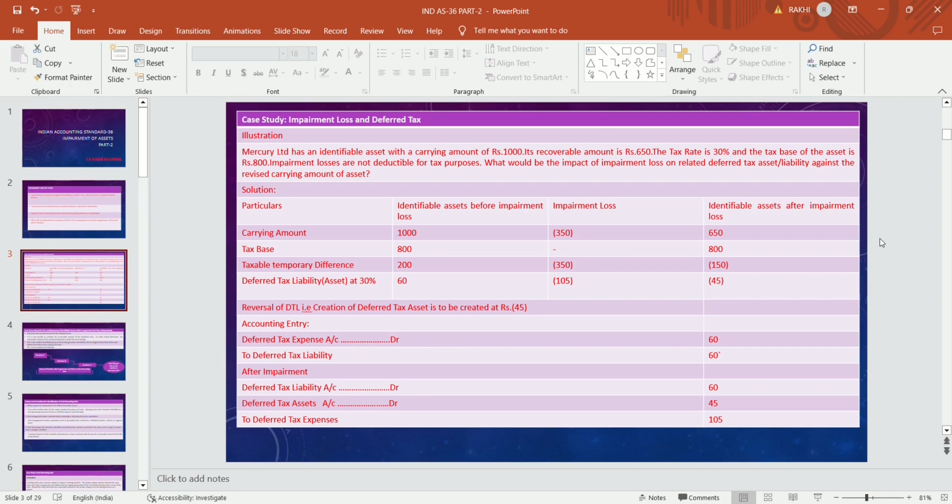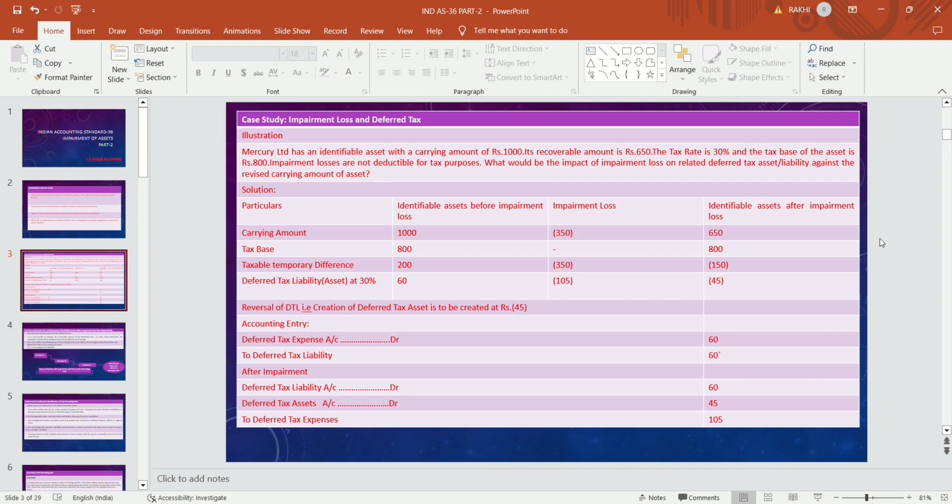But after impairment, the tax base is more than the carrying amount. In that case, we will create a reversal of deferred tax liability, which means we will create a deferred tax asset. Before impairment, we had created a deferred tax liability. After impairment, the tax base is more than the carrying amount, so in order to reverse that liability, we will create a deferred tax asset.